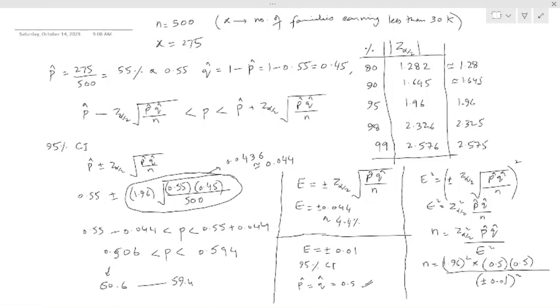You can try to determine the answer, and do remember that if we get our answer in decimal numbers for the sample size, we need to strictly round it off to the next number.